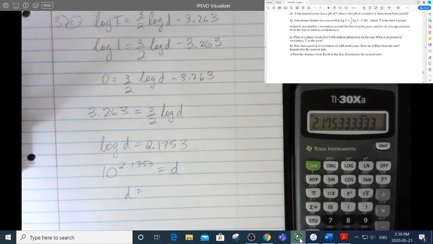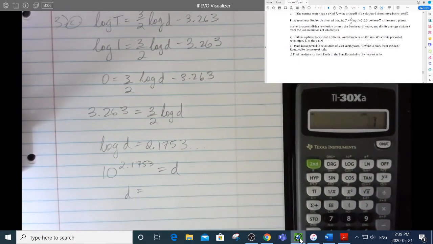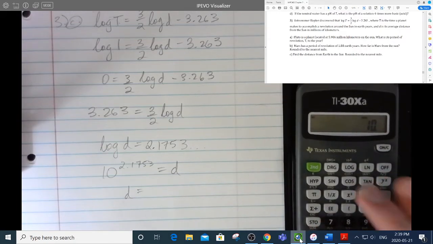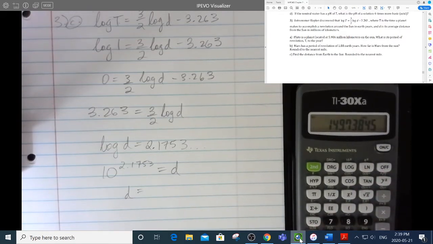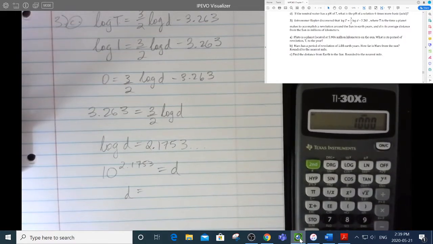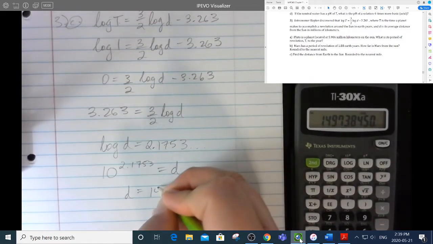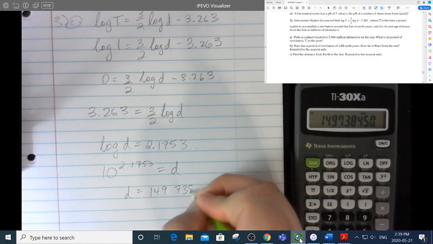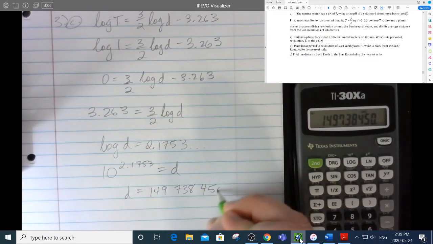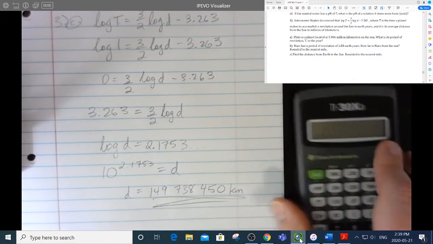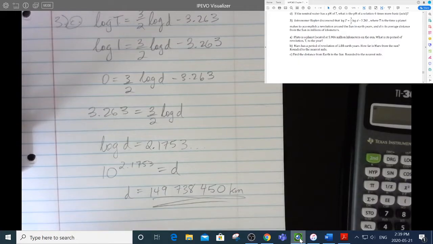So d is going to equal, store that in memory 1, 10 to the power of what was in memory 1, and there you have it, 149 million kilometers. So times that by a million, and you get the distance of 149,738,450 kilometers from the Earth to the Sun. Just a short hop away.